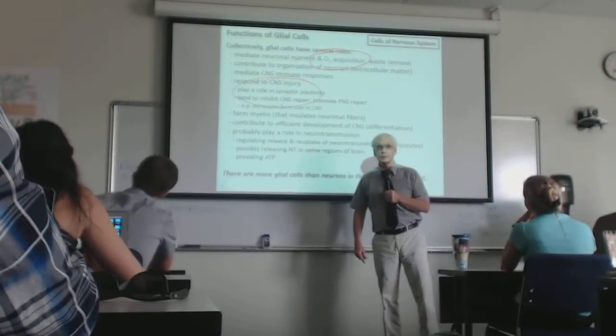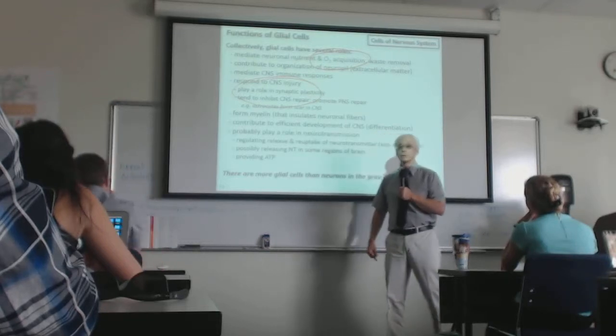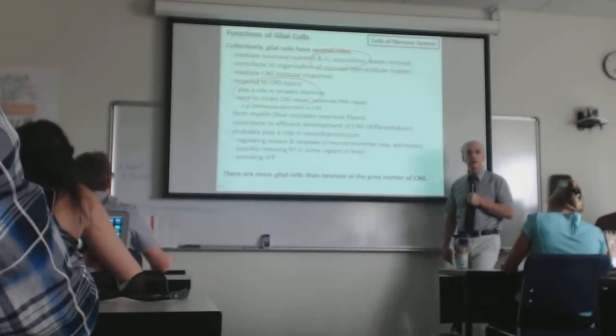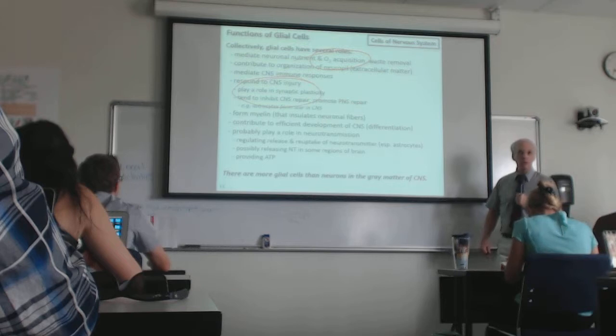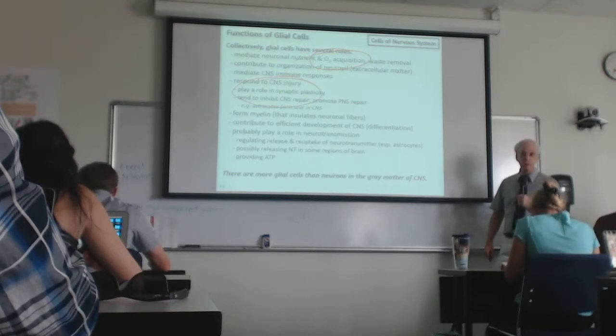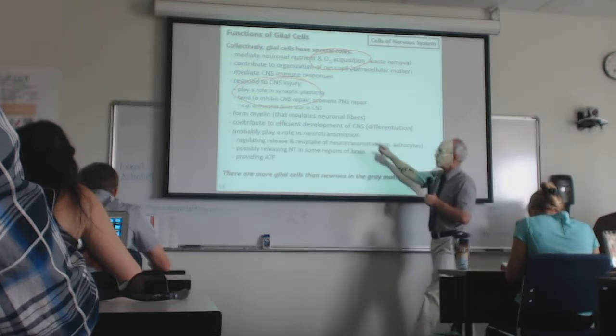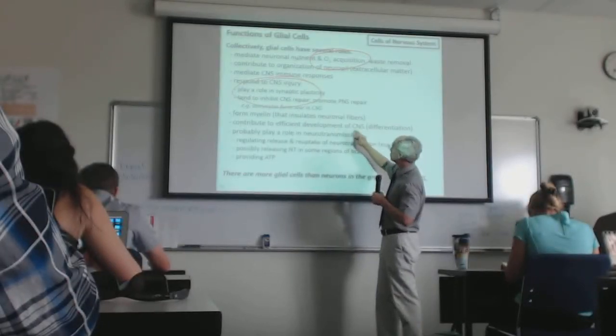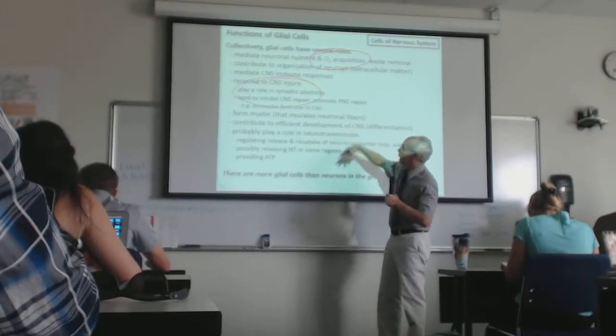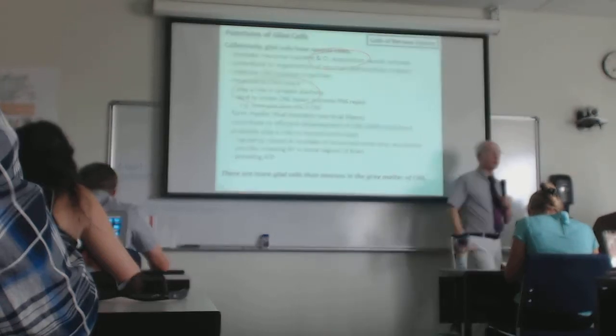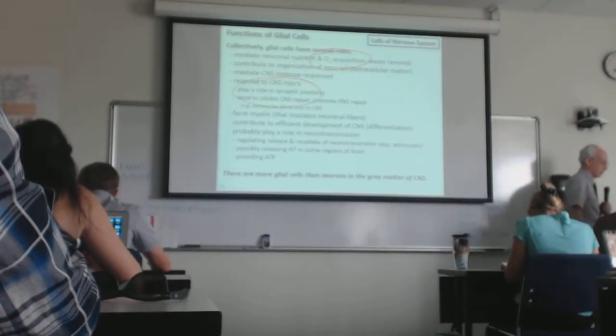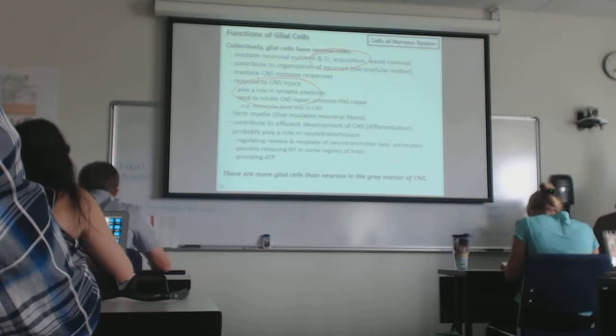They say isolate the aggressor, isolate the intruder, wall them off, and prevent them from doing any further damage. And sometimes that can have adverse consequences. In fact, the astrocytes contribute to scarring. They contribute to CNS scarring after some types of trauma.